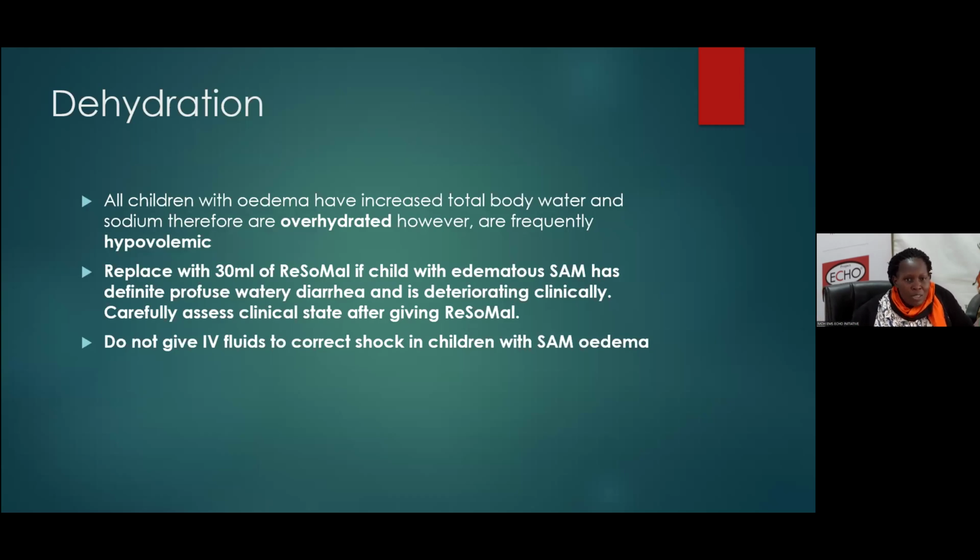The contents of sodium, potassium and magnesium are totally different. They've been cut down to match the needs of children with severe acute malnutrition.